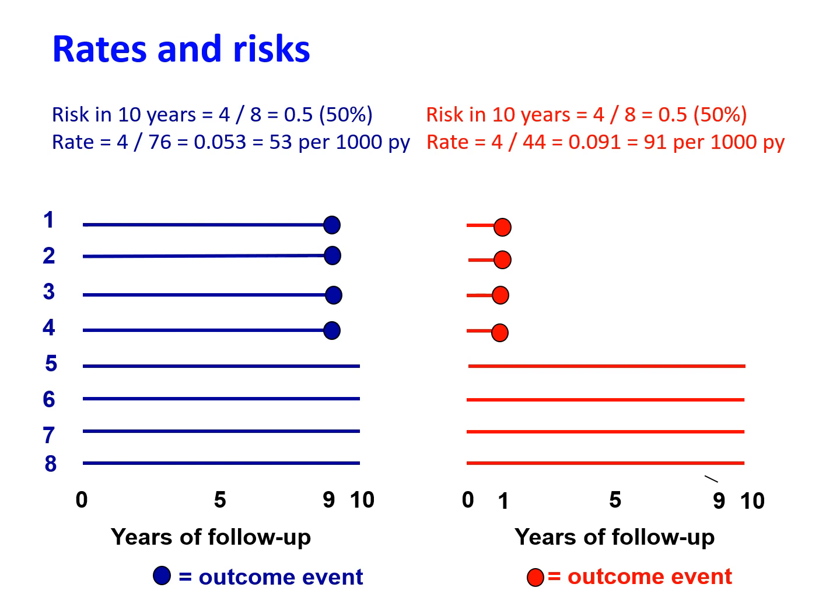But if we calculate the rate, the person years over the left-hand side is 76. The person years over the right-hand side is only 44. So the rate over the left-hand side is 53 per 1,000 person years, whilst over the right-hand side it's 91 per 1,000 person years. So in a situation where risks are the same, the rate can be very different.